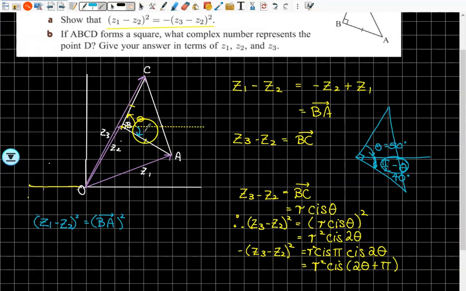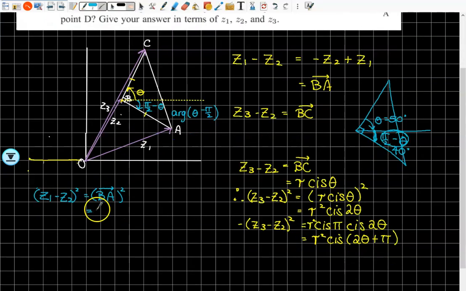So when I write this in and I say, okay, that actual angle is pi on 2 take theta, it means that the argument is actually theta take pi on 2. Does that make sense? So we're happy that this is now r cis theta minus pi on 2, and that's all squared.